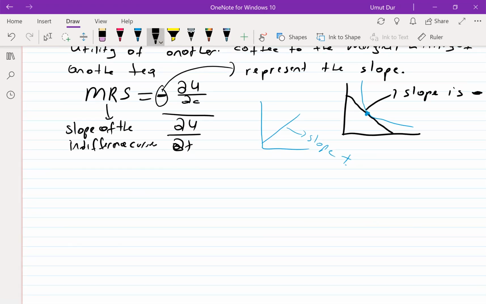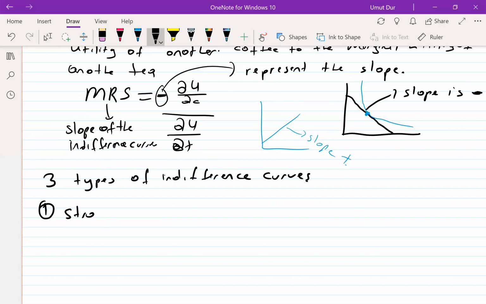For this class, we will be focusing on three types of indifference curves. The first one is straight line indifference curves.